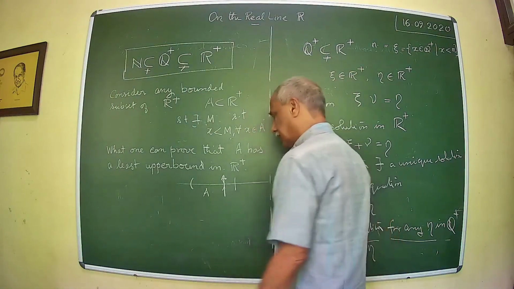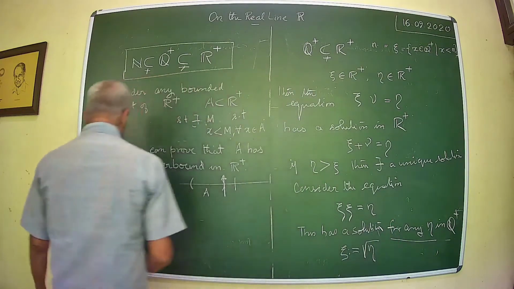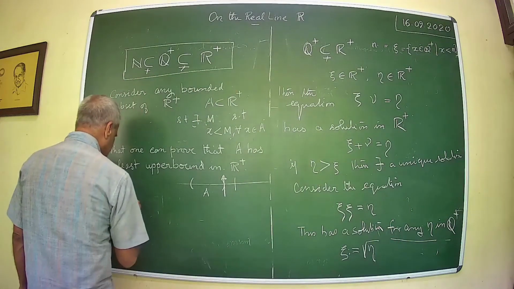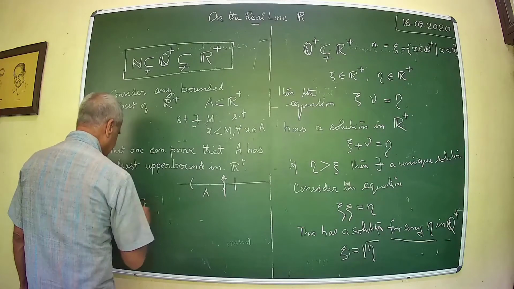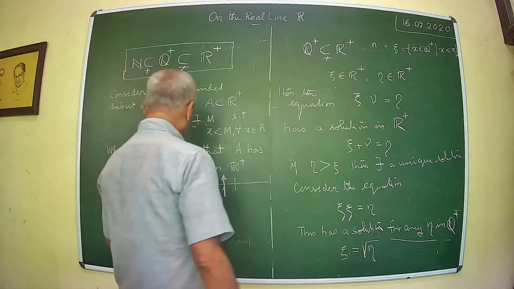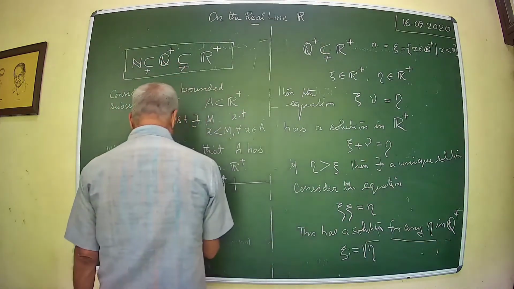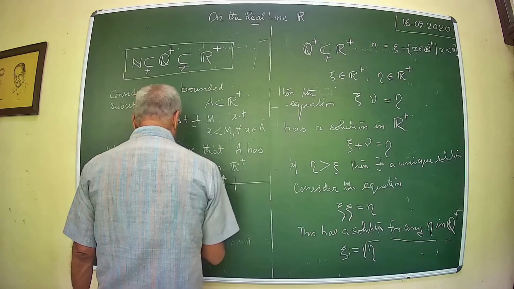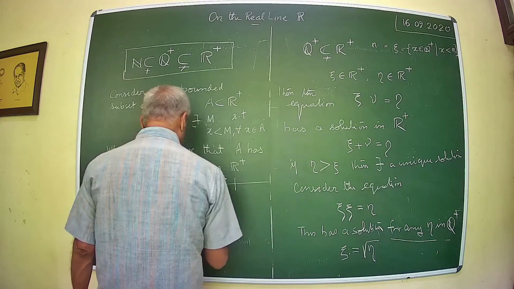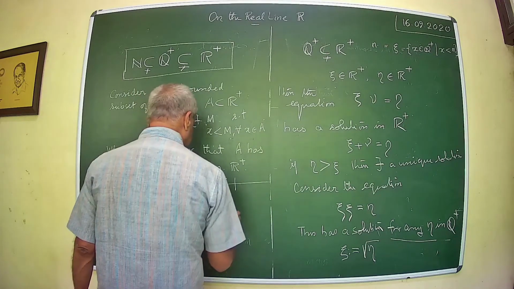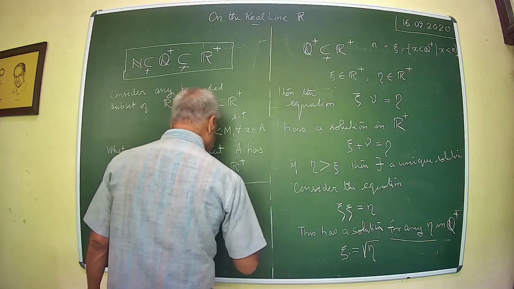What do you mean by that? Suppose you have a sequence of points Xn with the property that Xn can be made arbitrarily small by choosing n.